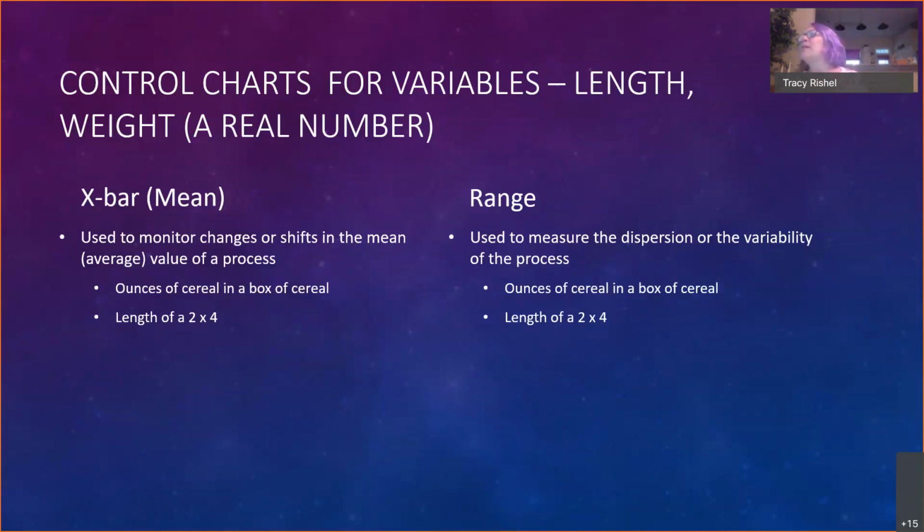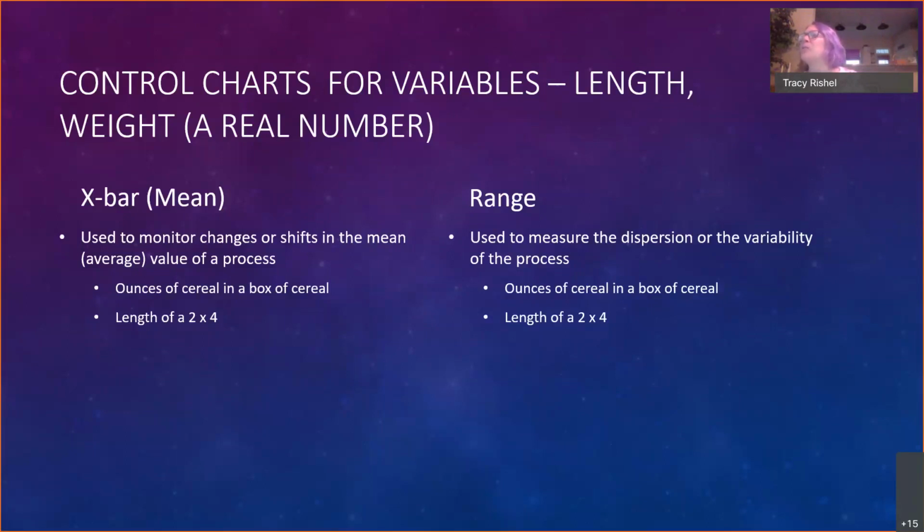So we can divide the things that we measure into two categories: variables and attributes. We're going to start with variables. Variables are things like length, weight, temperature. It's a real number.